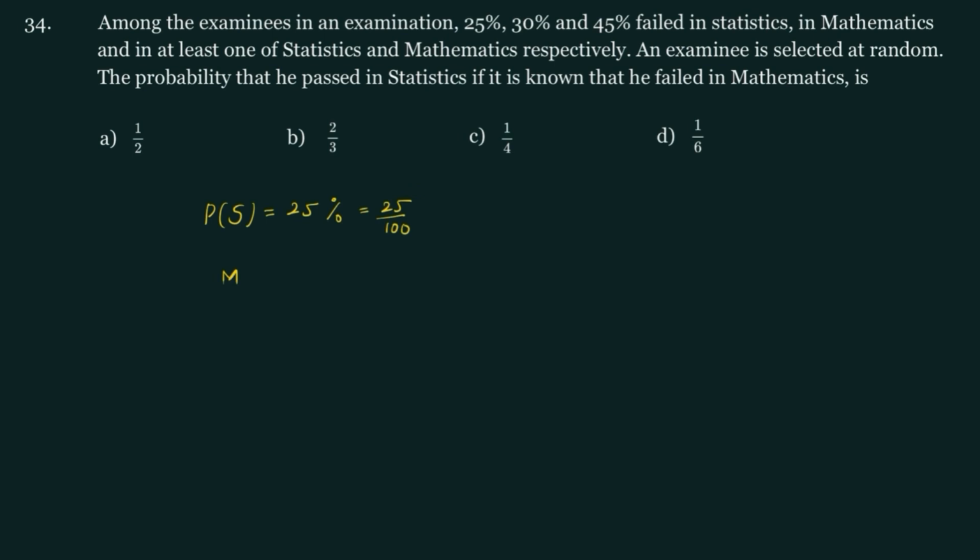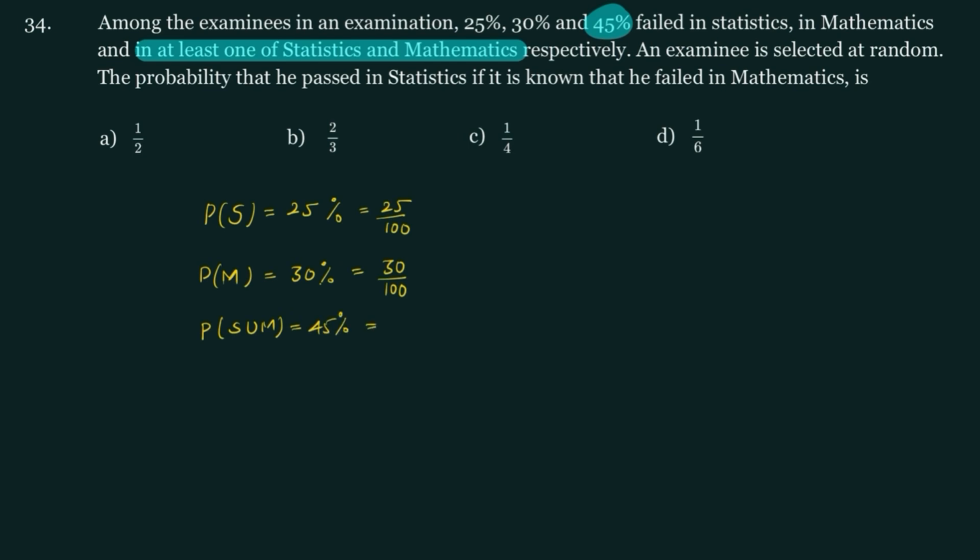So the probability of this event is given as 30%. So 30% means 30 by 100. And the question has given that 45% is the probability that the examinee has failed in at least one of statistics and mathematics. So this means the probability of S union M is given, and that is 45%.